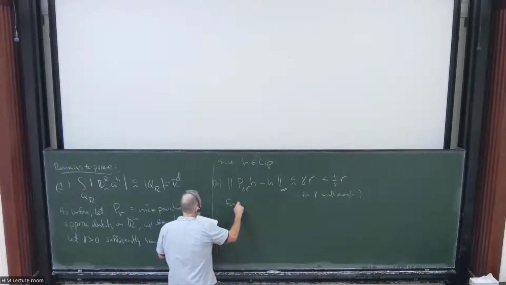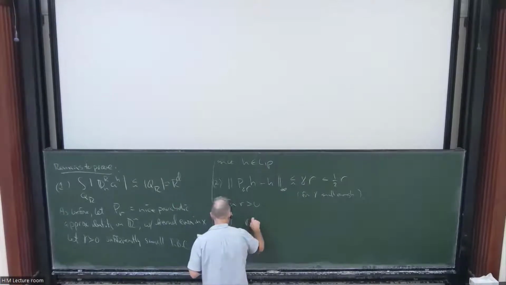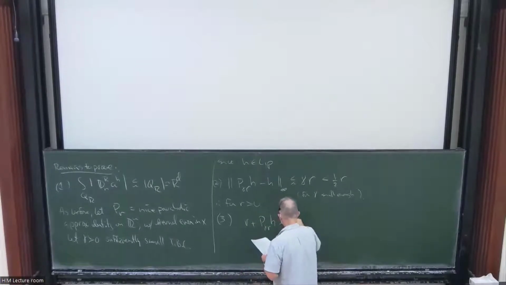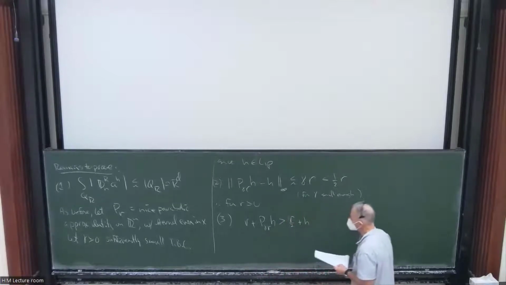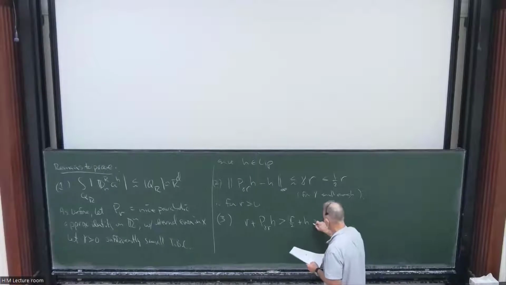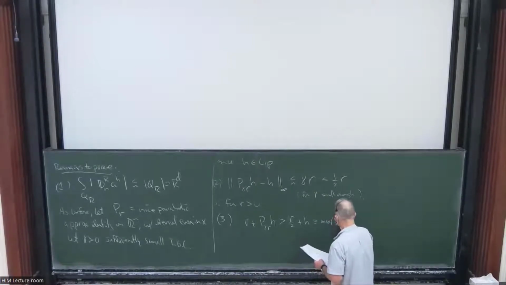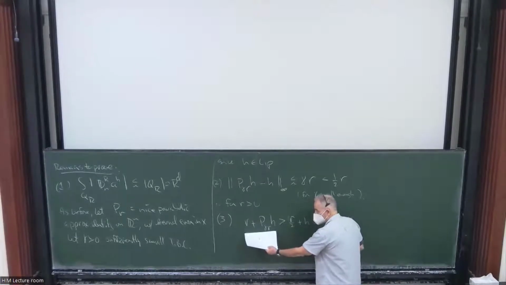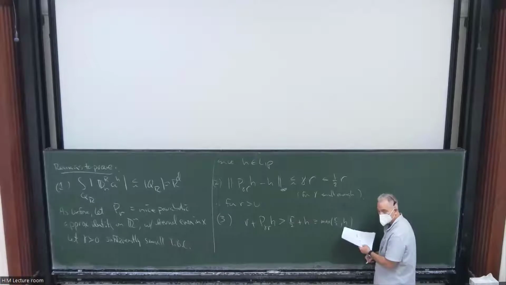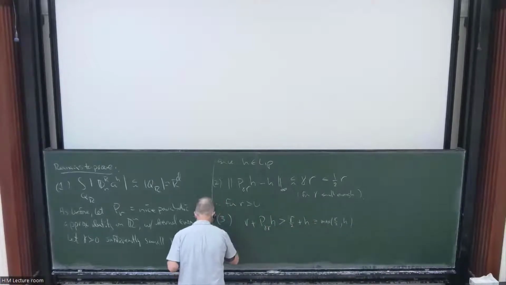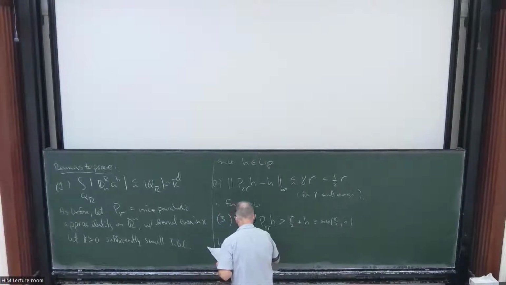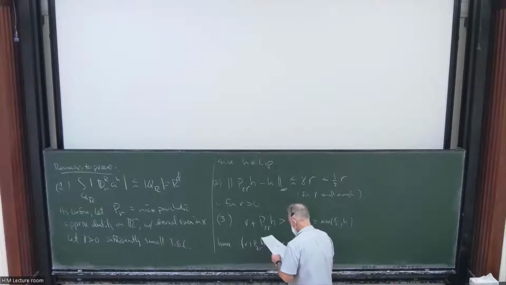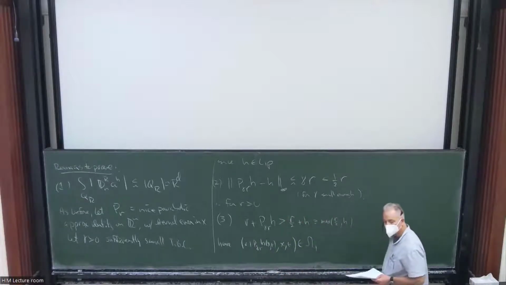So therefore, for R bigger than 0, we have that R plus P gamma R of H is strictly bigger than R over 2 plus H, which of course is bigger than or equal to the max of R over 2 and H. And notice the key takeaway here is that this is strictly bigger than H, which means that the point (x, t, R plus P gamma R H of x, t) is in our domain omega 1.